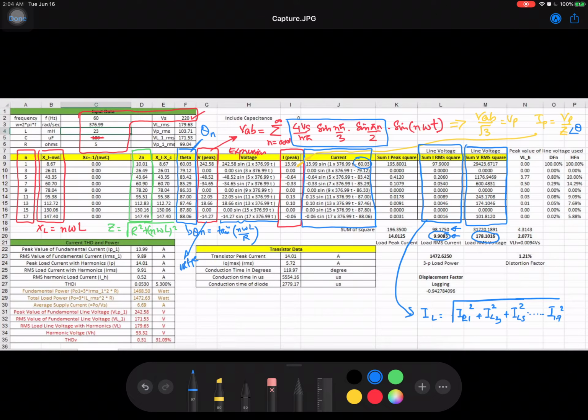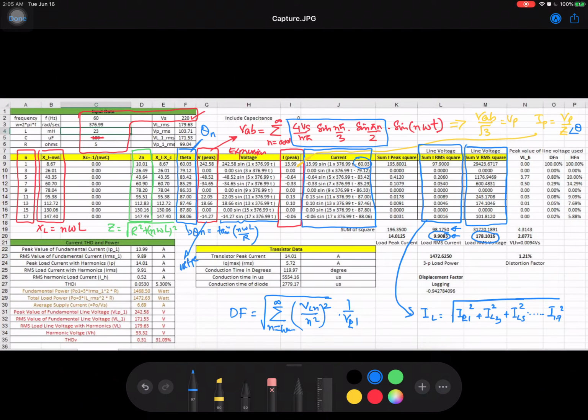Right? Then to calculate the total distortion factor, we know the expression for the distortion factor: VLN divided by n square, summation over all the harmonics up to infinity, taking the square of this and then taking the square root, and dividing it by the fundamental component, you will get the total distortion factor.